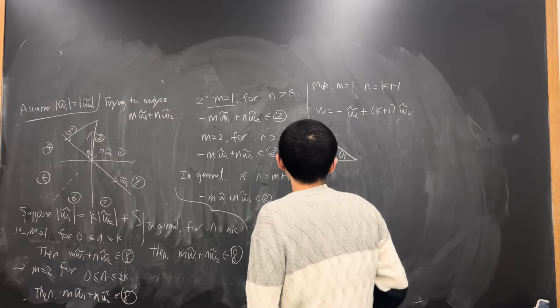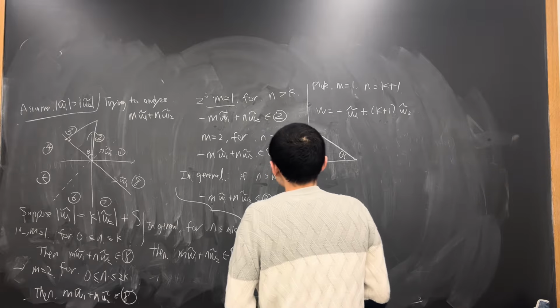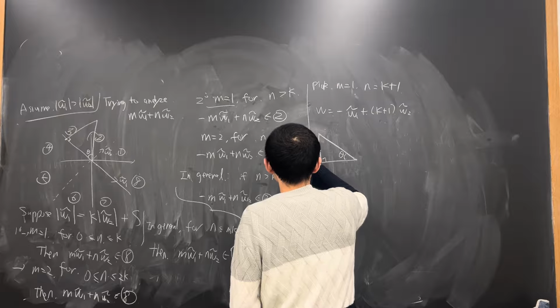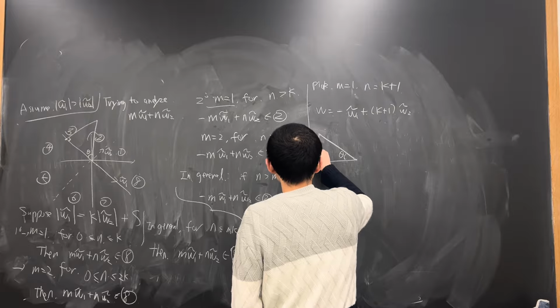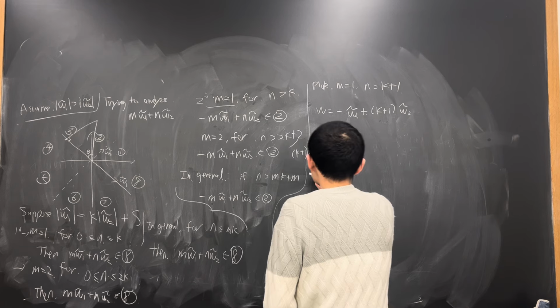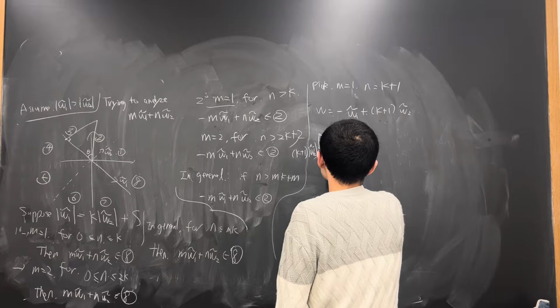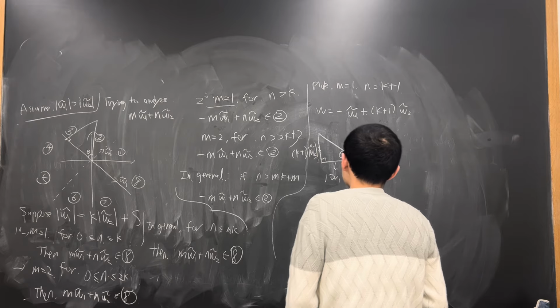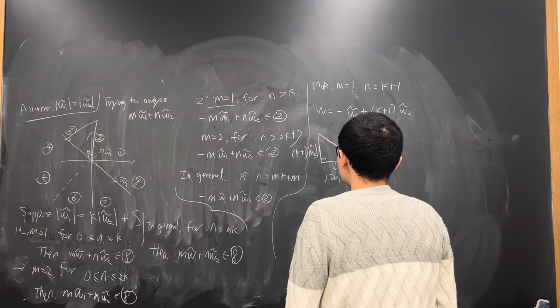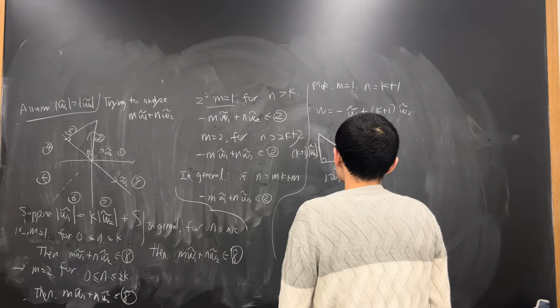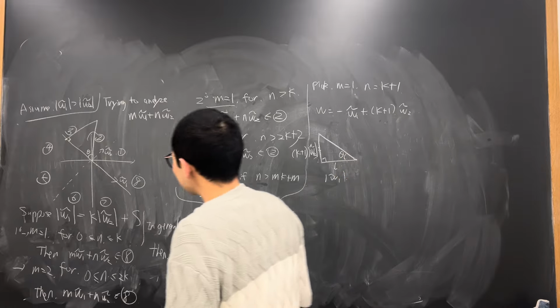I'm having this length as k plus 1 modulus of omega 2 tilde, and this is the adjacent, modulus of omega 1.